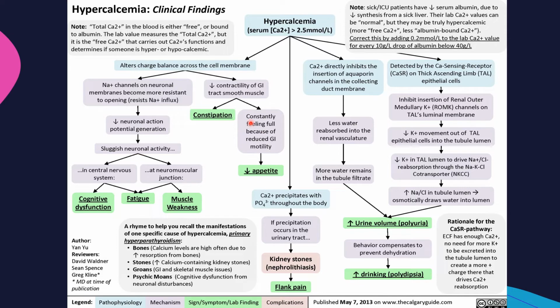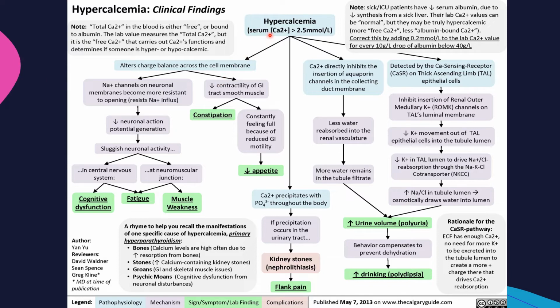As well, there's an interesting mechanism with sodium channels on neuronal membranes becoming more resistant to opening. This decreases the neuronal action, and in the central nervous system, it results in cognitive dysfunction, fatigue, and at the neuromuscular junction, it leads to muscle weakness.